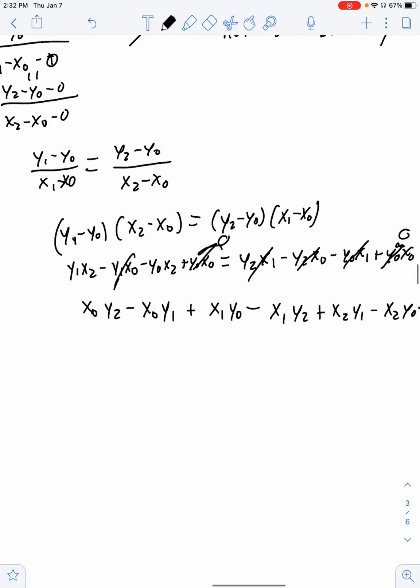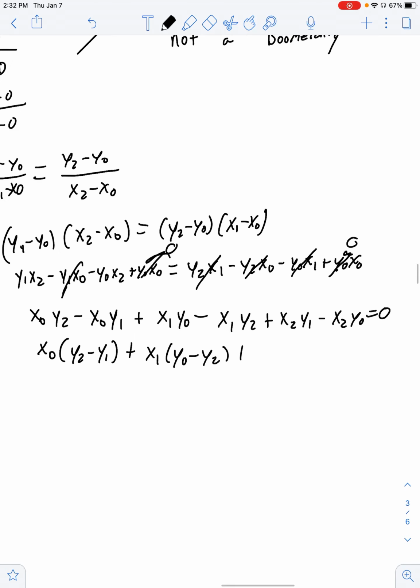Then if we factor out x0, y2 minus y1, plus x1, y0 minus y2, plus x2, y1 minus y0 equals 0. 2, 0, 1, 1, 0, 2.